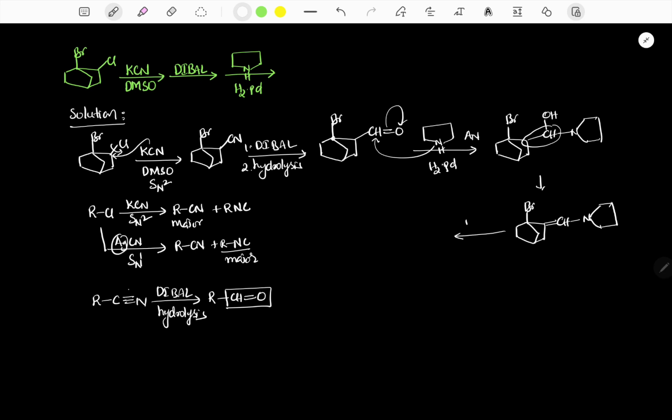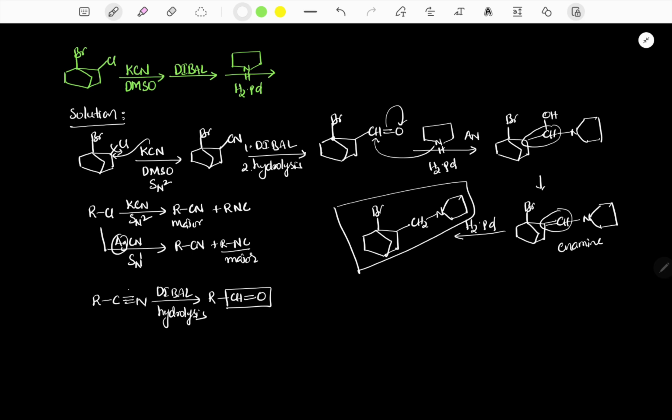At the same time, it is also treated with H2/Pd, so this alkene functional group undergoes reduction. This is an enamine functional group. When enamine is treated with H2/Pd, the alkene part undergoes reduction. So this is our final product.